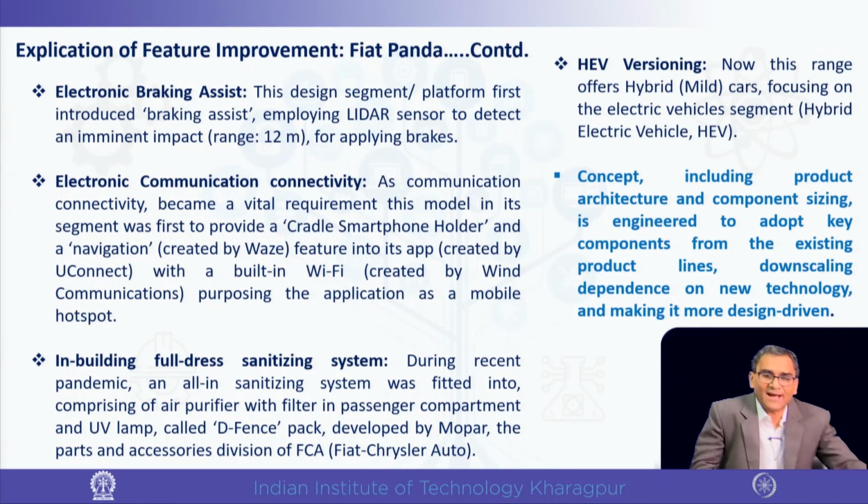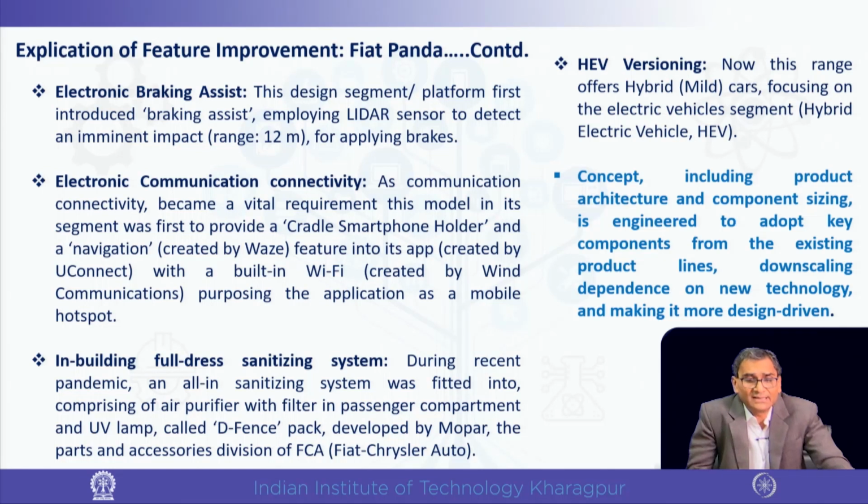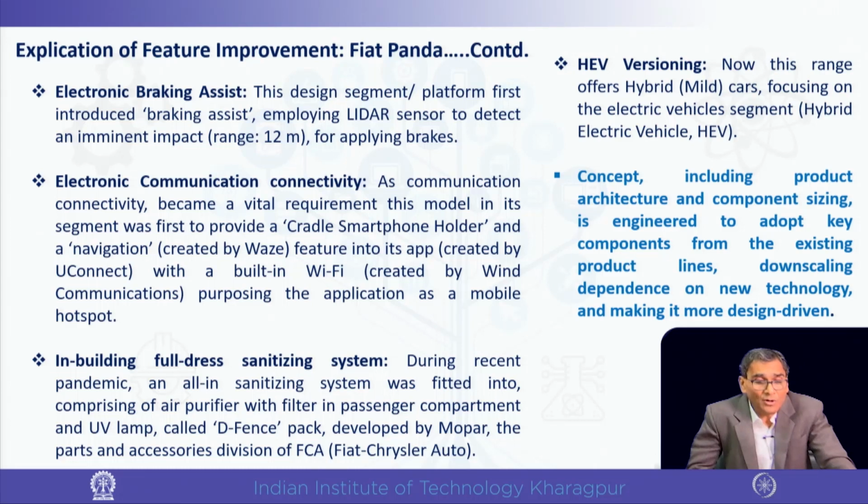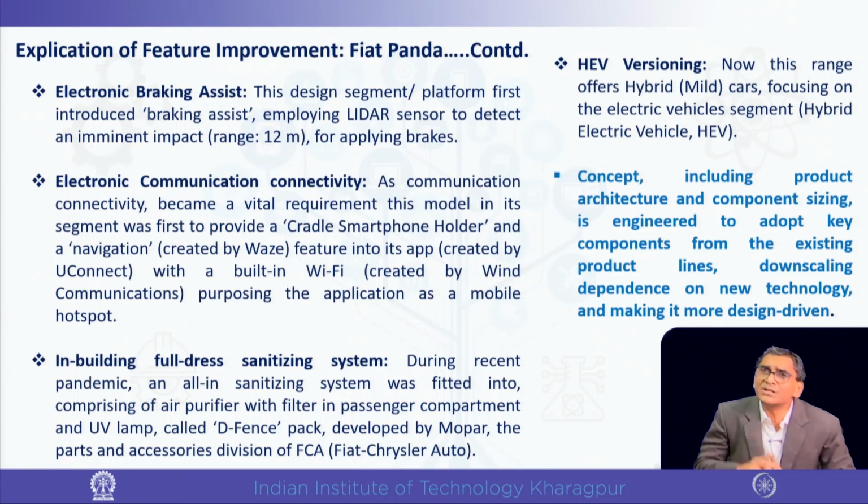Electronic braking assist, I have already discussed that. The lidar sensor has a range of 12 meters, so that it detects an imminent impact and applies the brakes. Electronic communication connectivity: here I would just like to touch upon a few points, because communication connectivity became a vital requirement in this model.